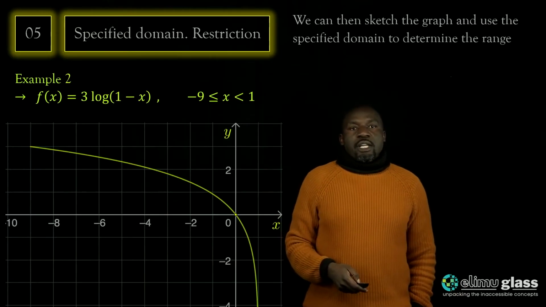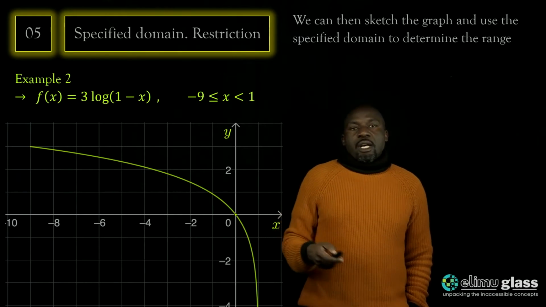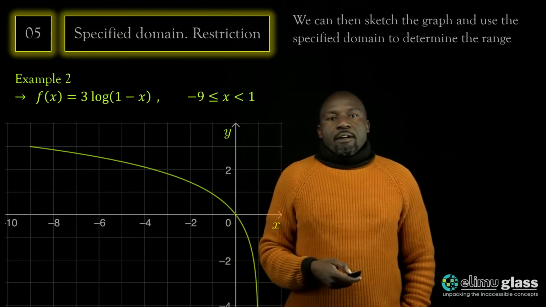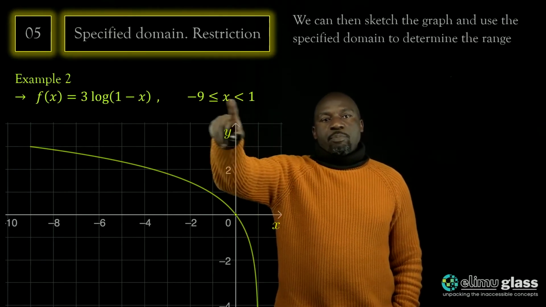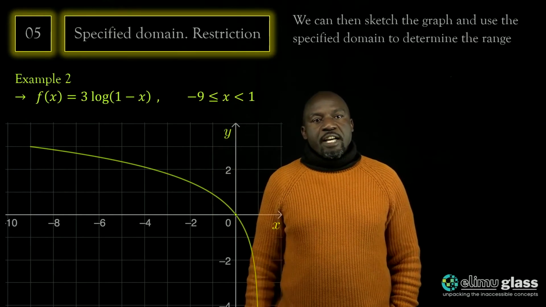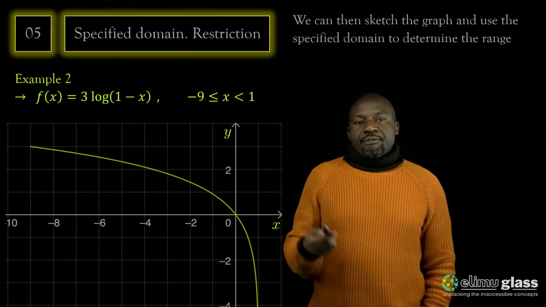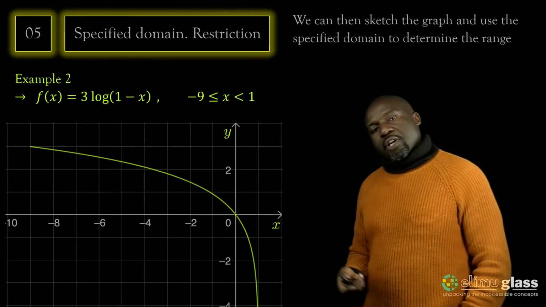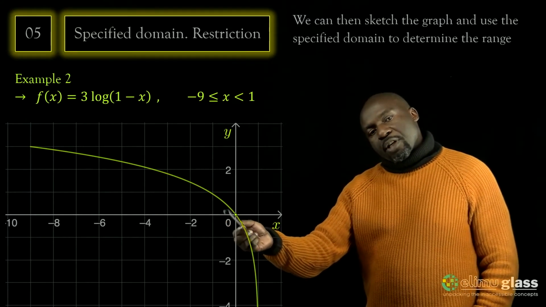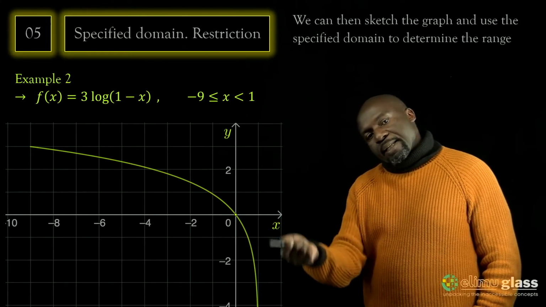All right, the next one, that's actually the last function that I gave in the previous section. This is the log function, all right? And here the domain has been specified as coming from -9 to 1, okay? We can sketch it, and after we've sketched it, it becomes possible to determine the range. Now, when you look at this function, you can see that the graph comes and kind of tries to avoid line x equals 1.